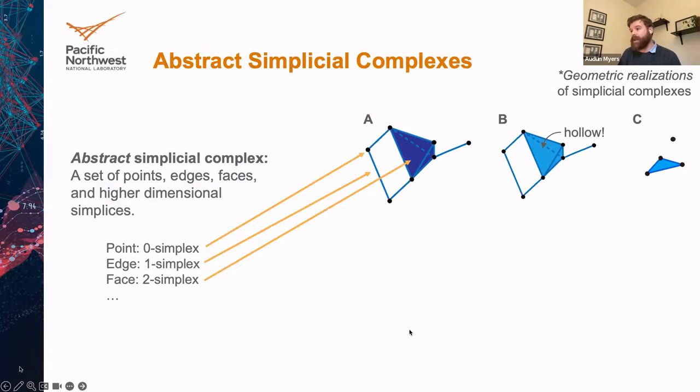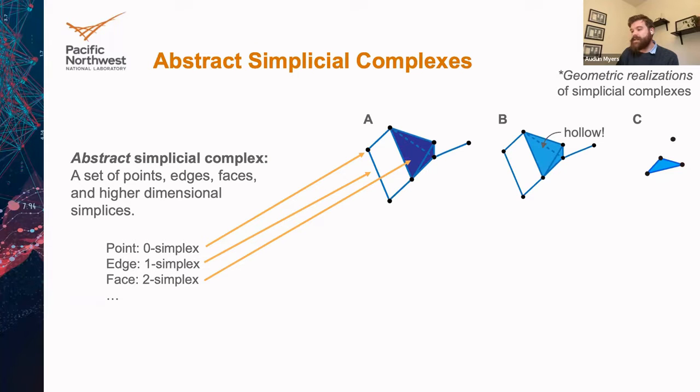For example, in these three different geometric realizations of abstract simplicial complexes, in the first one, A, we have points, which are just the black dots or nodes in a graph, edges connecting them, and then higher dimensional simplices. We have a face here, and this is filled in between all these faces, so that would be a 3-simplex, versus in B, where it's hollow. So it would only have up to 2-simplices.